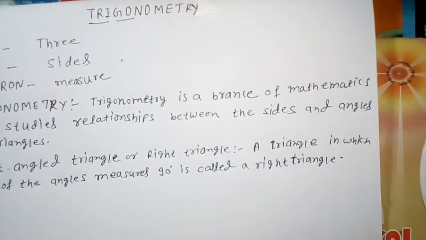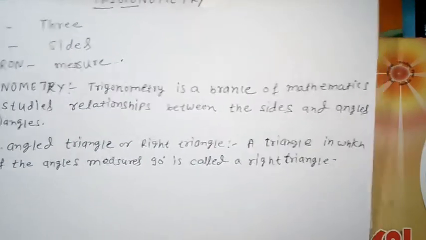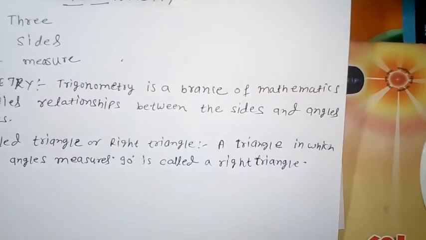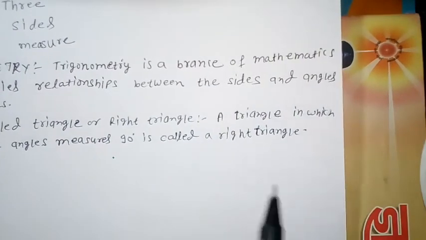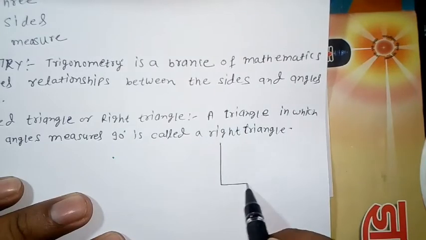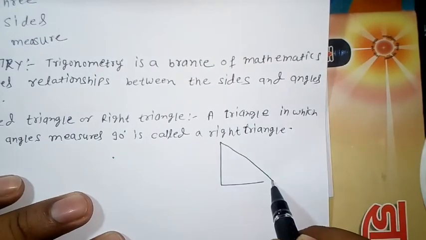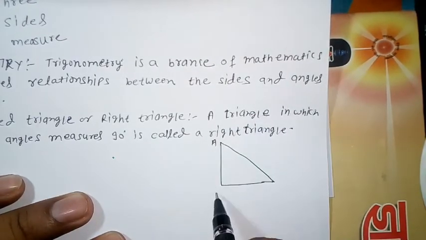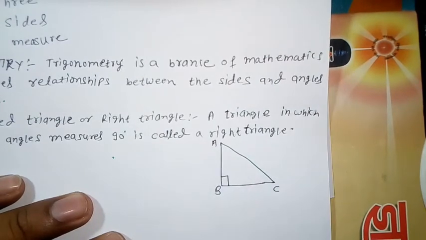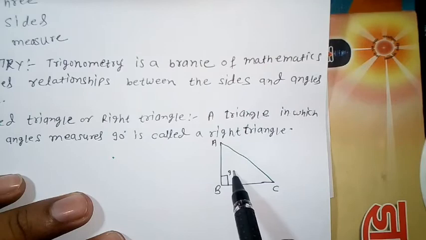In a right triangle, the opposite side to the right angle is called the hypotenuse. In the figure, suppose ABC is a right triangle and angle B is 90 degrees.